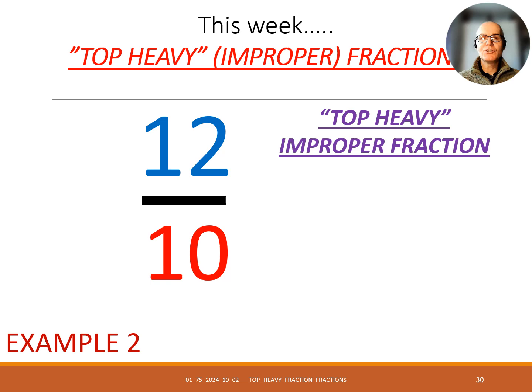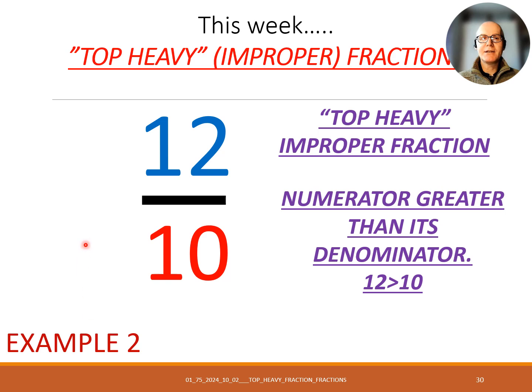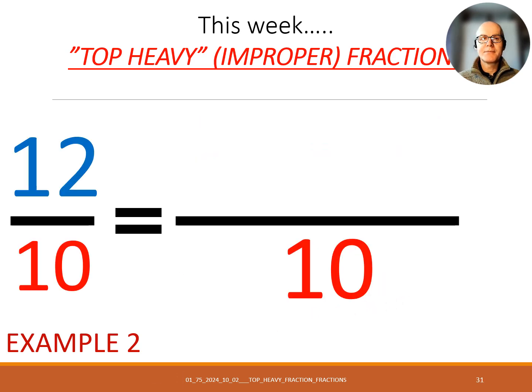12/10 is a top-heavy or improper fraction. That's because the numerator, 12, is greater than the denominator, 10. How do we simplify down?